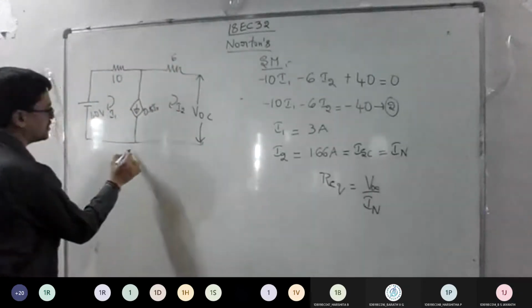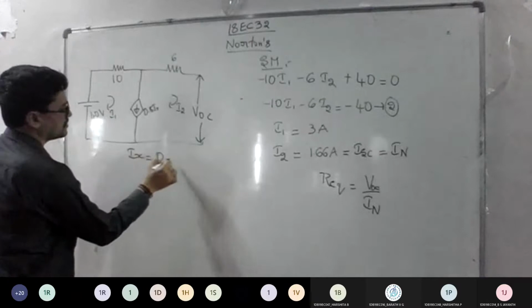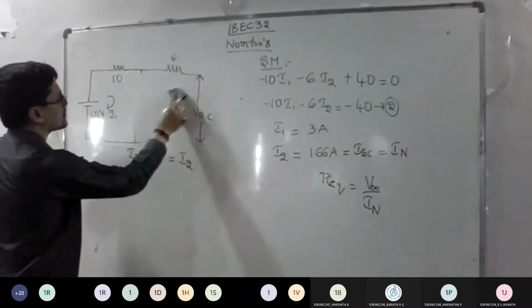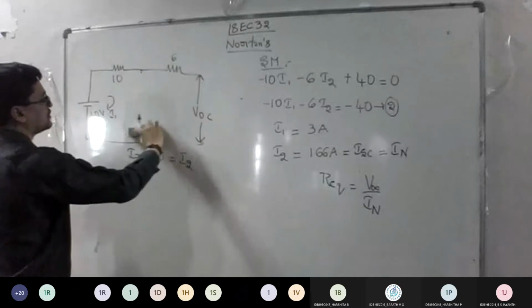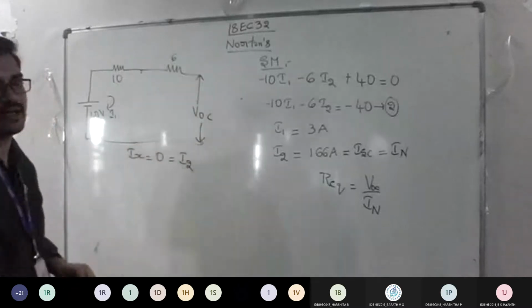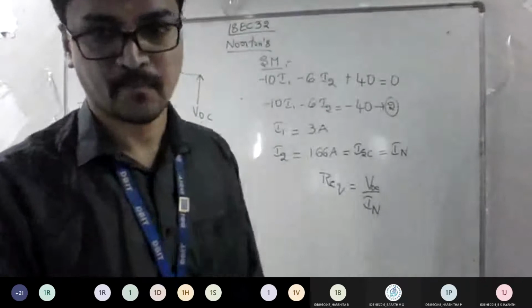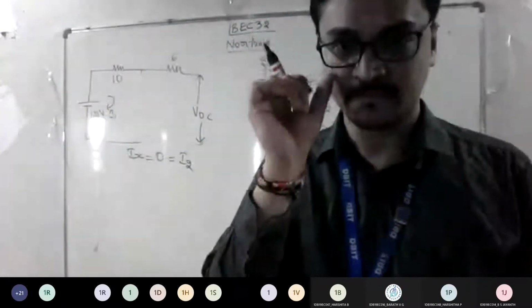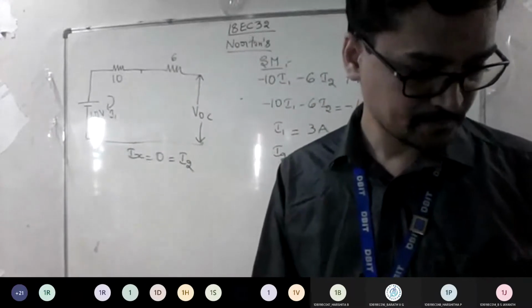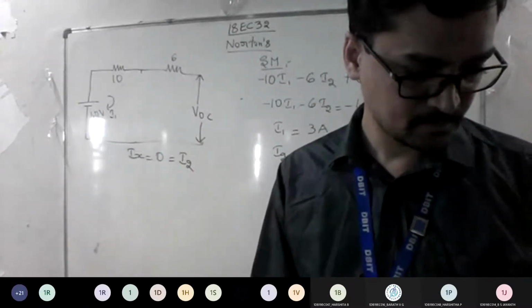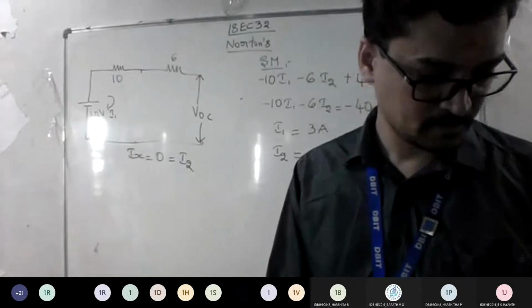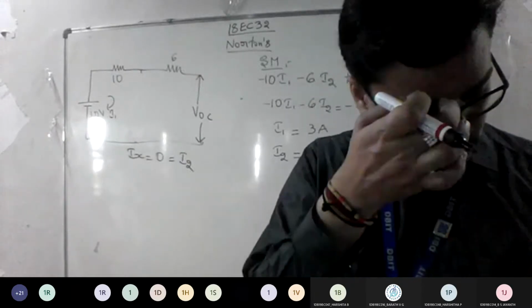So you can mention here Ix is equal to 0, and that is also equal to I2, which is 0. Then this goes off, so you have only one mesh now. Apply this and give me the answer. Check out the answer, everyone. I want to find the voltage now. What is the open circuit voltage?